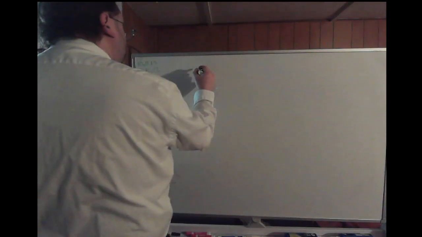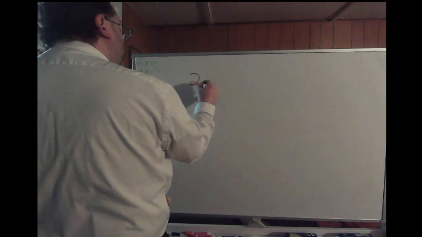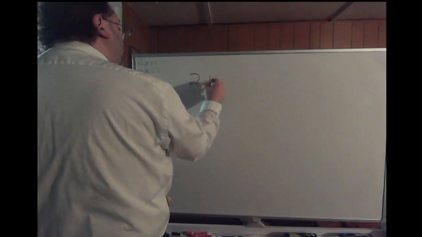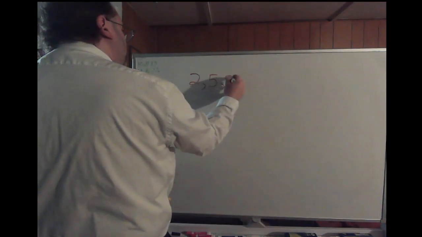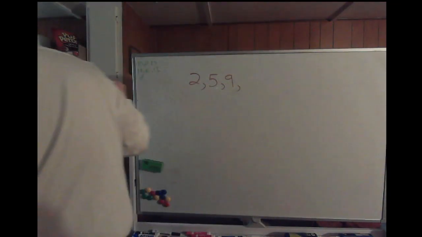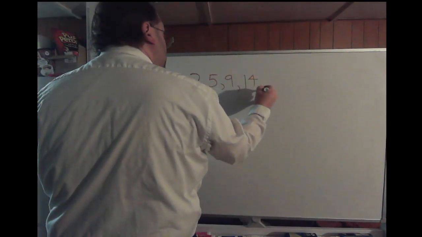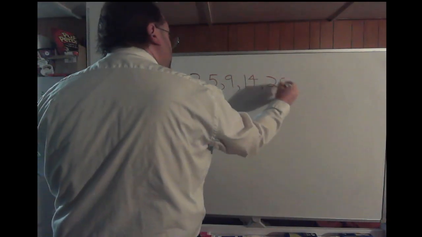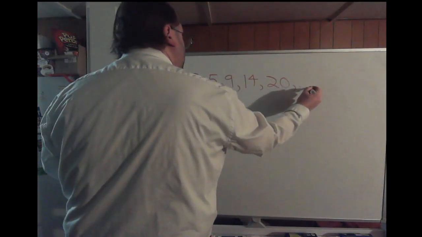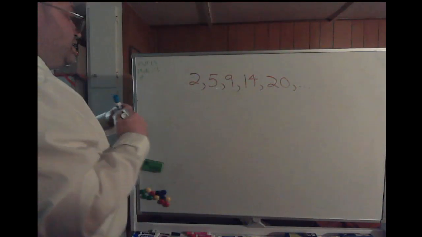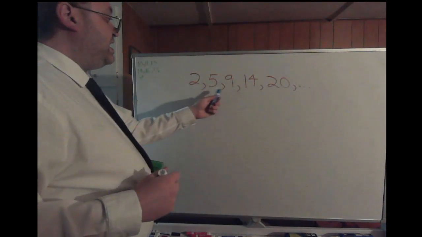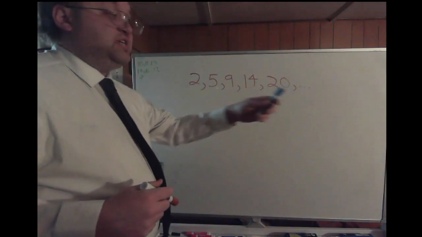Let's say we have 2, 5, 9, 14, and 20. And then it just keeps on going and going and going. Alright, so we have 2, 5, 9, 14, 20, and it just keeps on going.